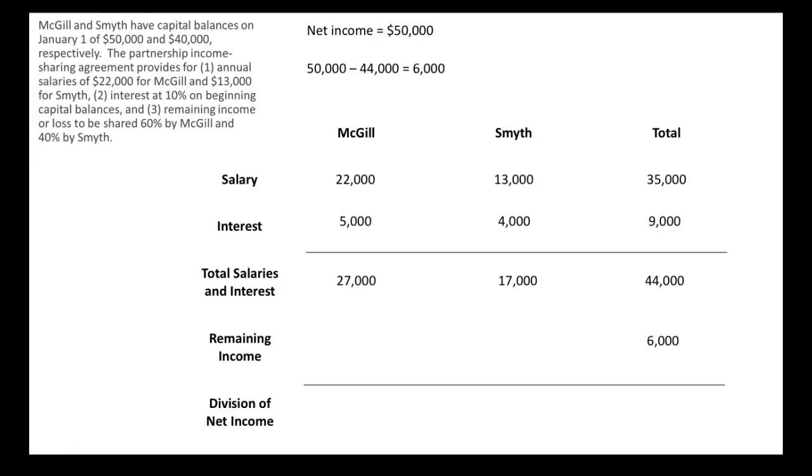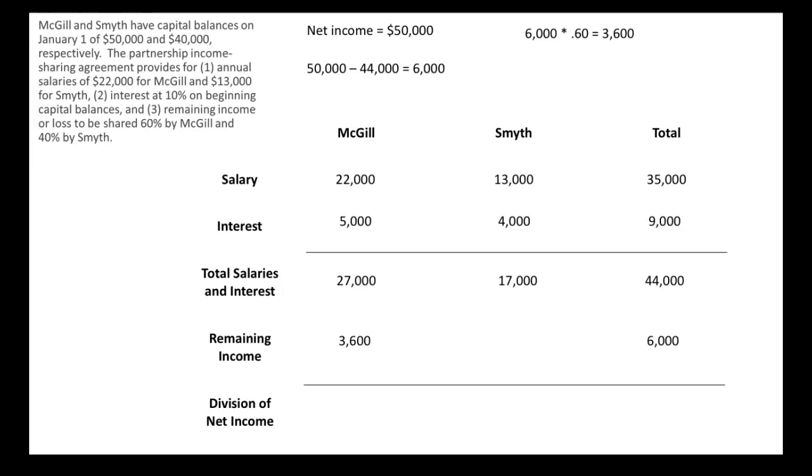Now we take a look at what the income sharing agreement tells us to do with this remaining income. It tells us that it's to be shared 60% by McGill and 40% by Smith. So we need to take that 6,000 times 60%, or 0.60, and we see that McGill is supposed to get $3,600. So we can toss that under the McGill column.